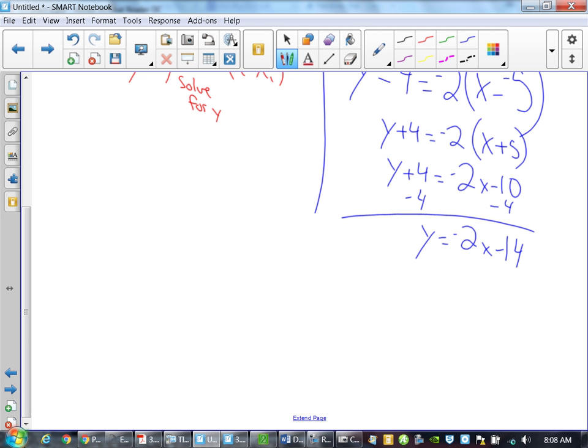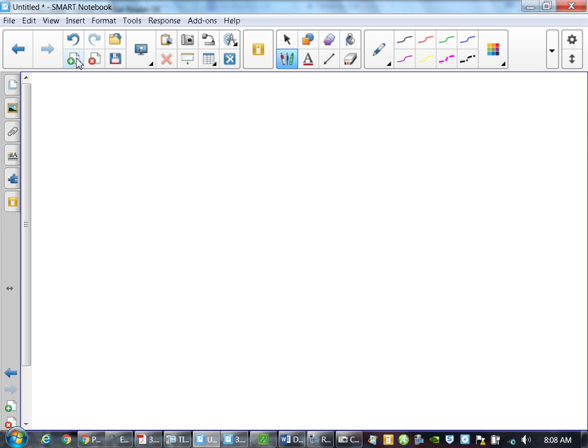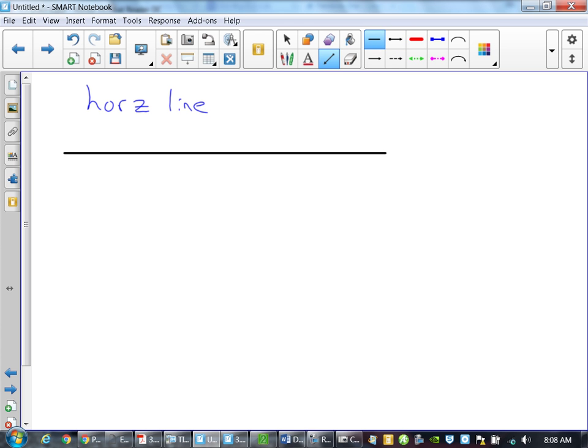Okay? So let me show you what happens here. Now, when we have, can I go to a clean one? Is everybody all caught up on this? Yeah, sure. When you have a horizontal line, every single, guys, every single horizontal line looks the exact same. It goes from left to right. Always. Every single horizontal line also has one thing in common.